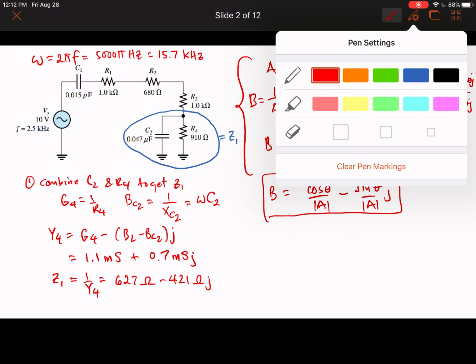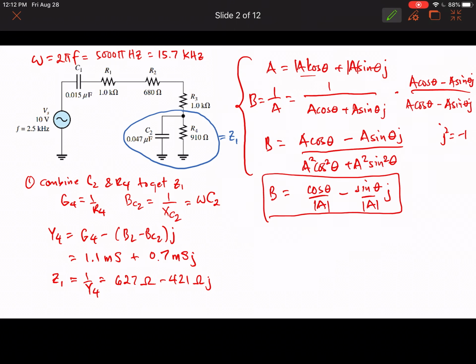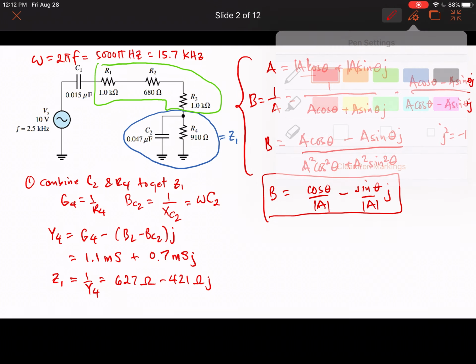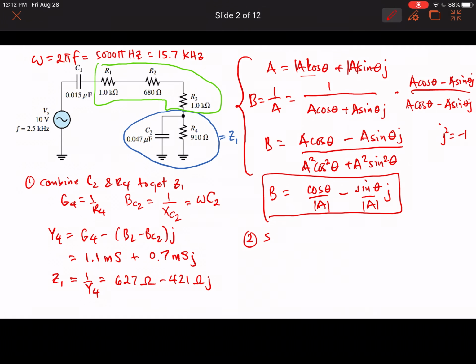The next step, step 2, will be to solve for R1, R2, and R3. Simplify R1, R2, and R3. So let's say that's R4.